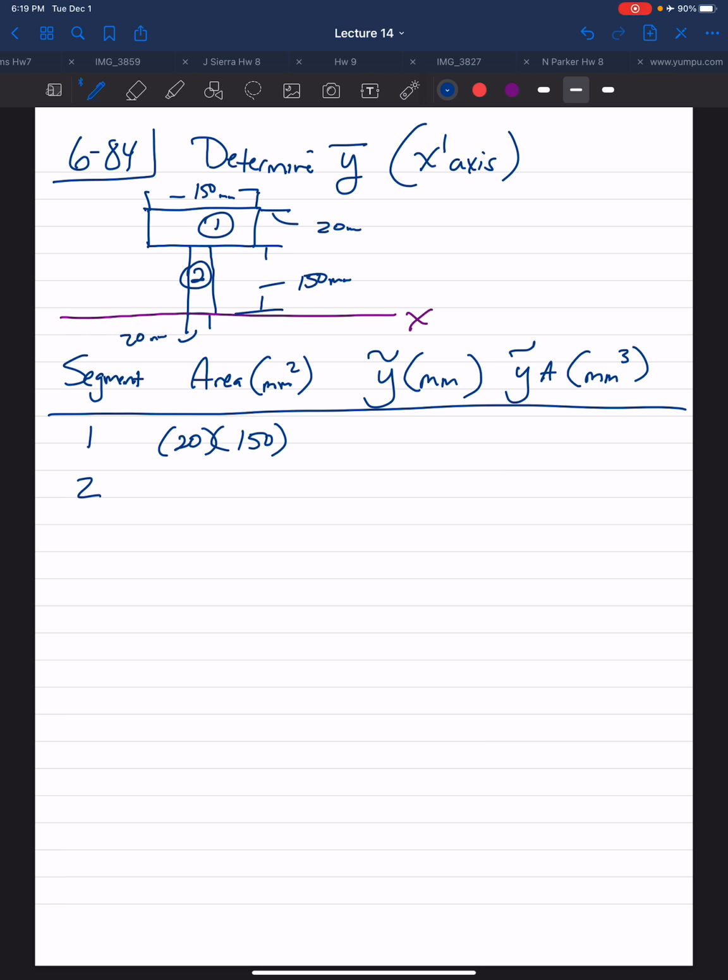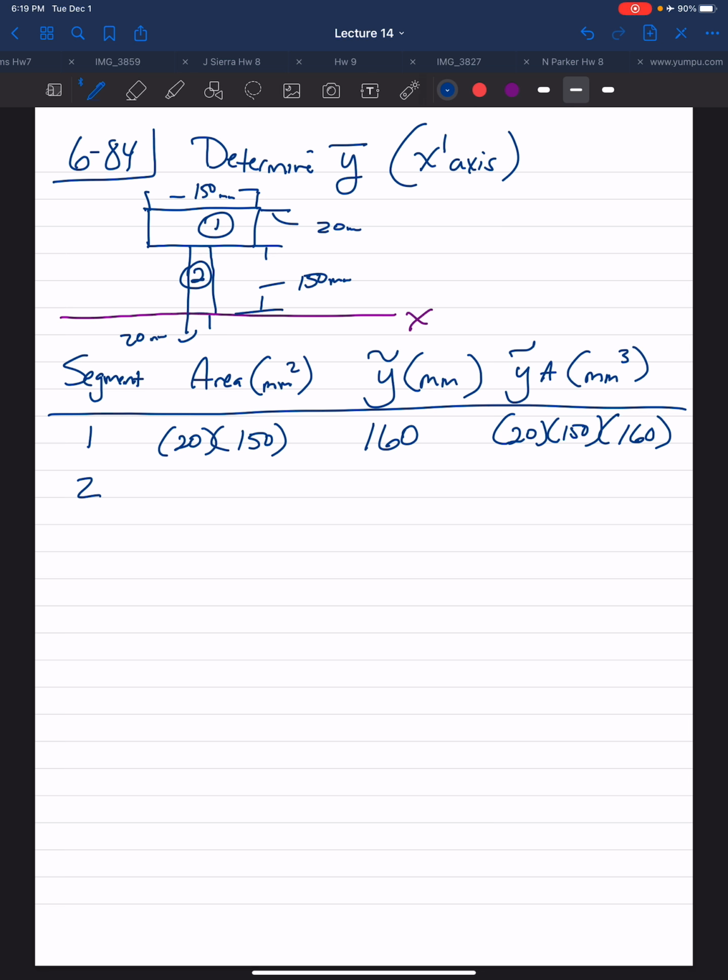So to get to the centroid of segment 1, you have to travel 150 millimeters up, plus the center of that rectangle, so 10 millimeters. That location will be 160 millimeters. Then y wavy bar A would be 20 times 150 times 160.